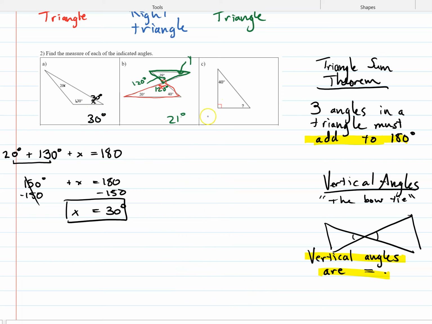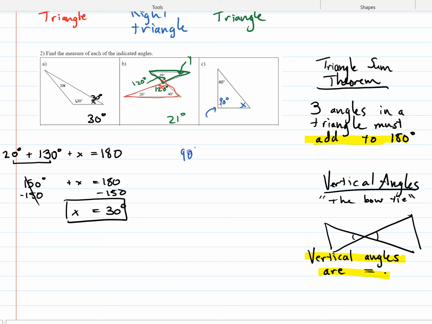Part C. This little box means a right angle or a 90-degree angle. So this triangle has a 40-degree angle, a 90-degree angle, and let's call the question mark x. Solve for x.